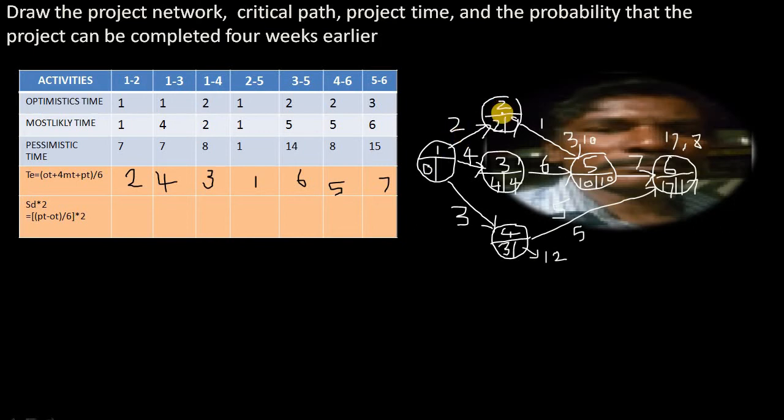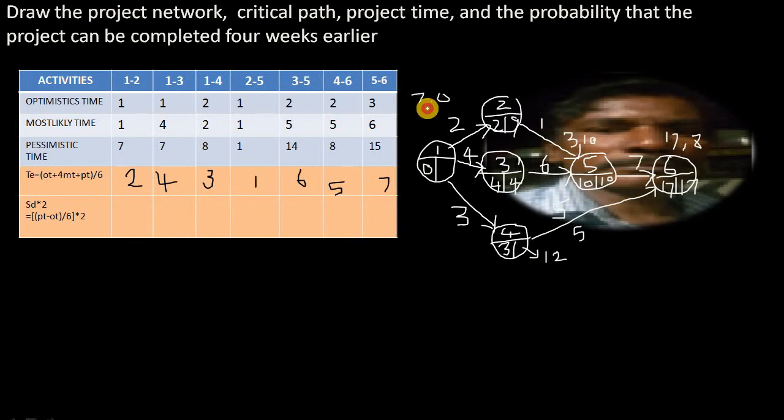So the 3 latest times we have to calculate first. Right, 9 minus 2, we'll have 7 as the latest time through this particular path. Through this backward pass, 4 minus 4, we will have 0.